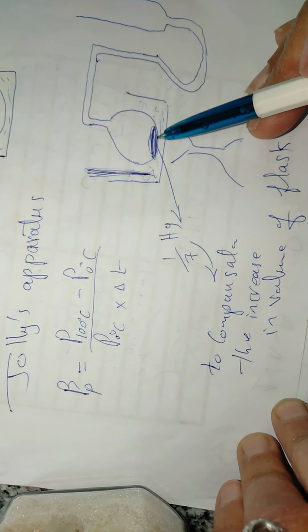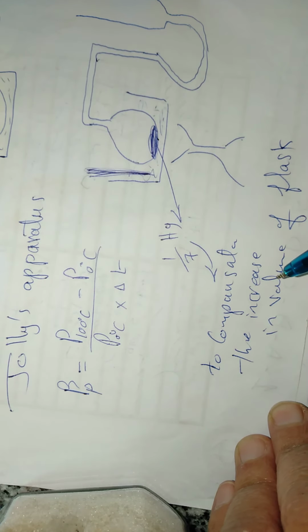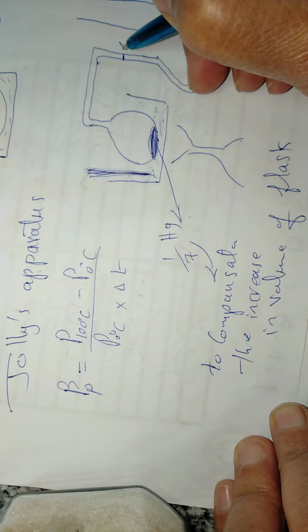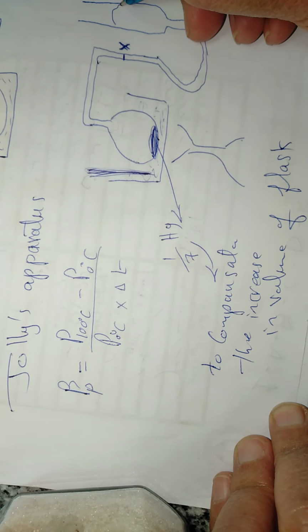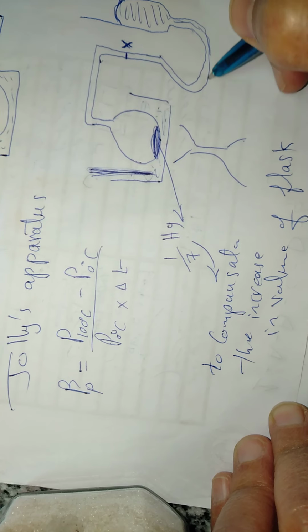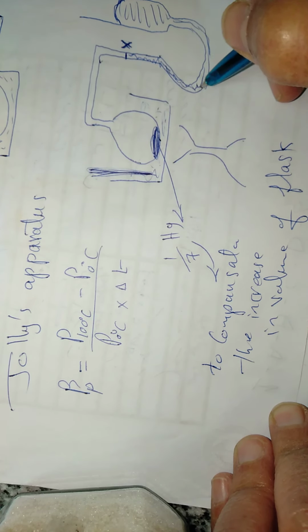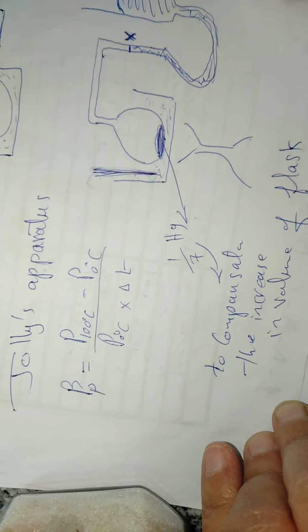So 1/7 of its volume is mercury to compensate this increase, therefore keeping the volume constant. And this is the mark X, which keeps the volume of the gas constant by moving this tube which contains mercury up and down until reaching mark X. Therefore, the volume of the gas is still constant. Okay, this is called Joule's apparatus.